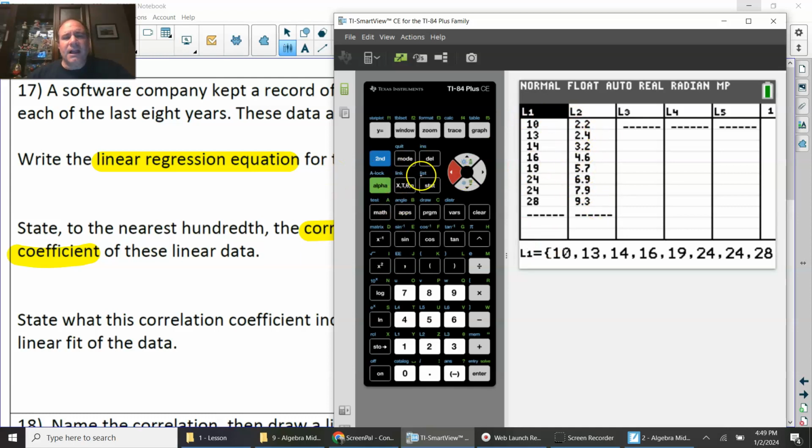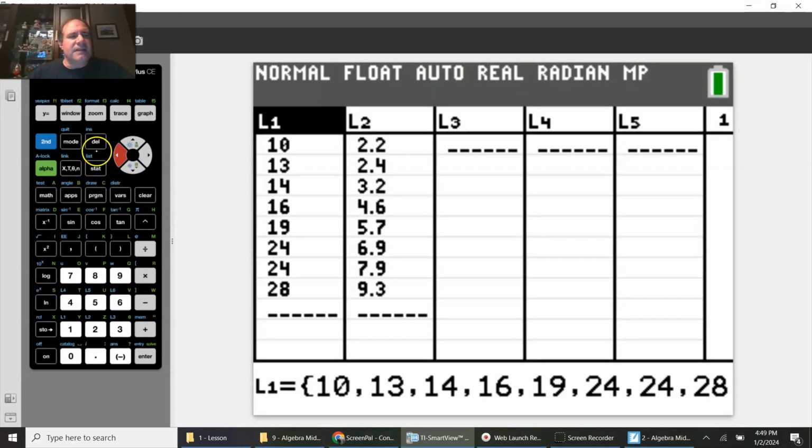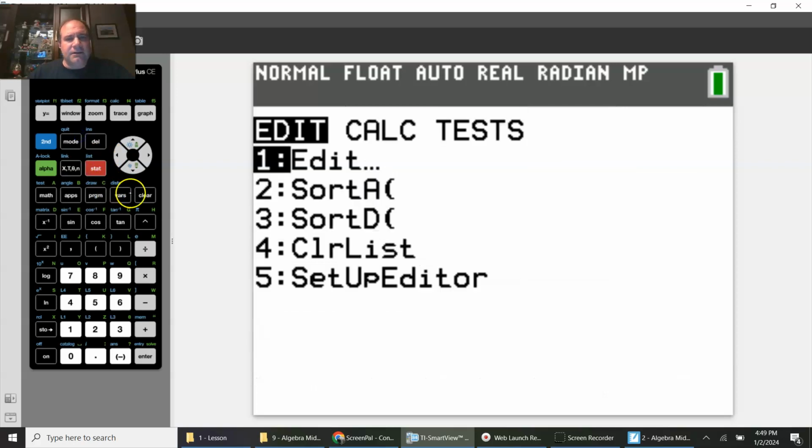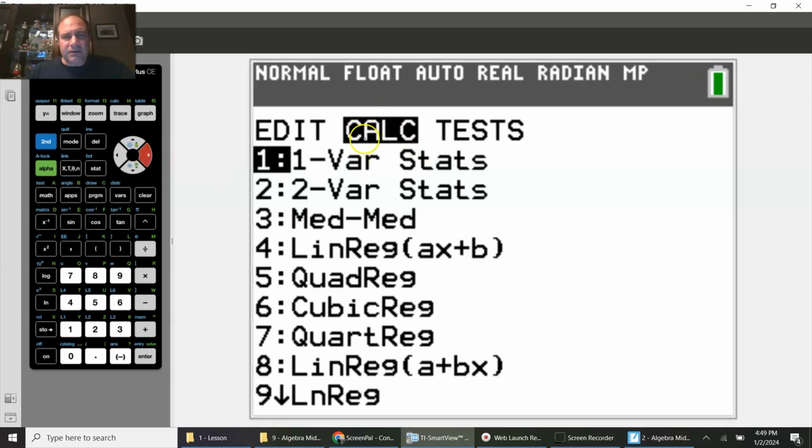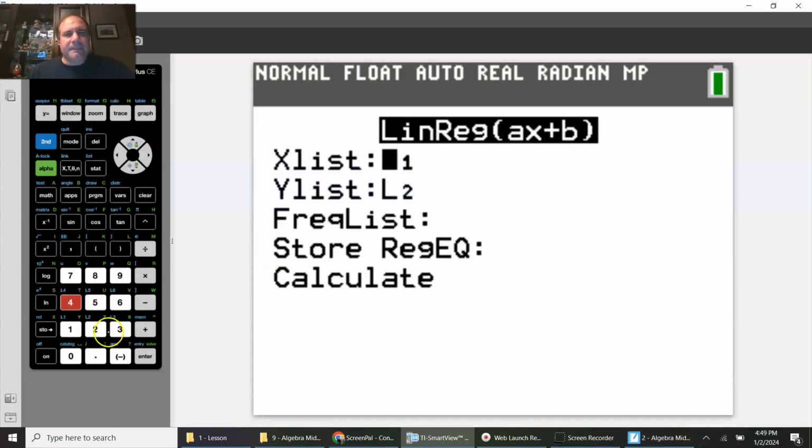Now, I have to get the linear regression equation. To get the linear regression equation, I have to press stat again, right? Now, instead of edit, I'm going to go to the right one to calculate, and then go down to 4, or press 4 right away. All right.